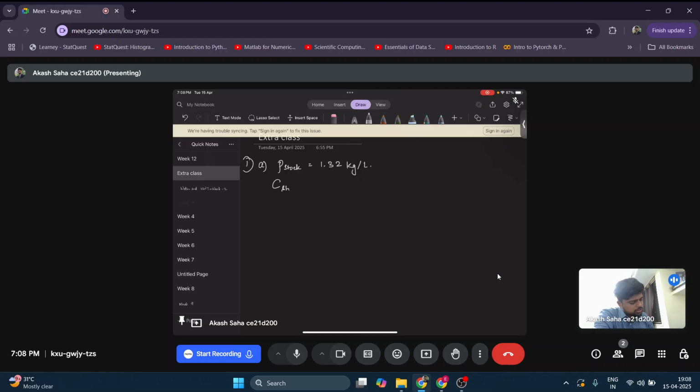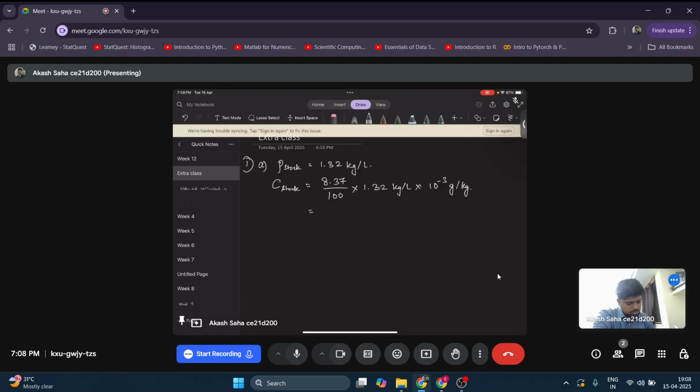The concentration of the stock solution will be equal to 8.37 percent, divided by 100, into the density, 1.32 kg per liter, and I will change kg to grams, so 10 to the power 3 gram per kg.